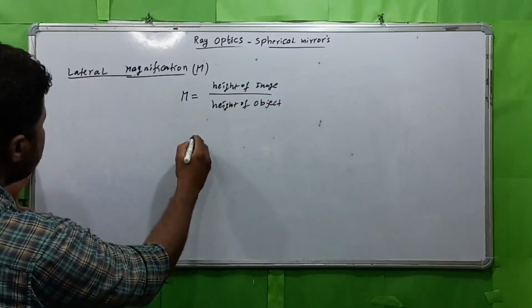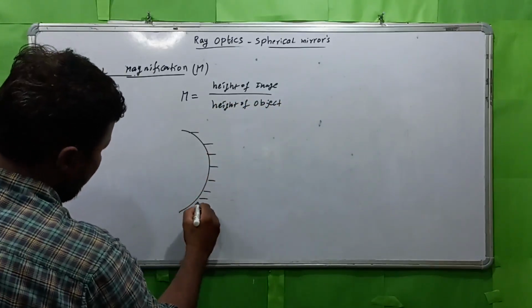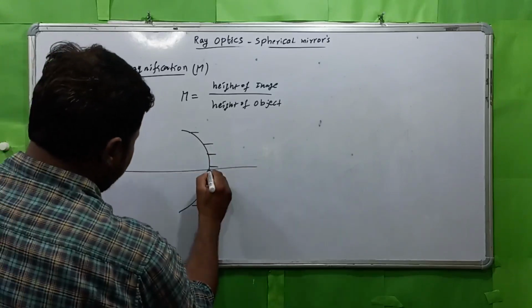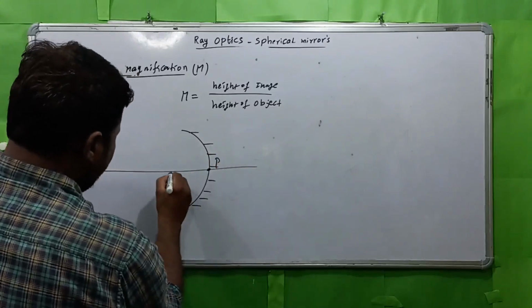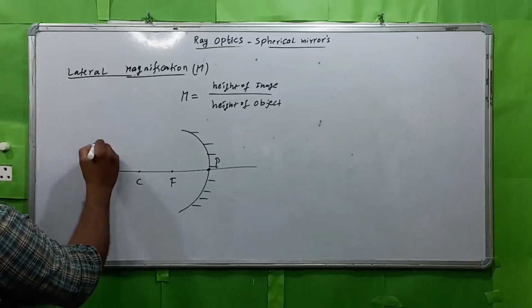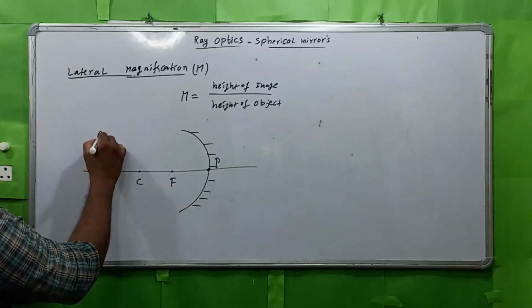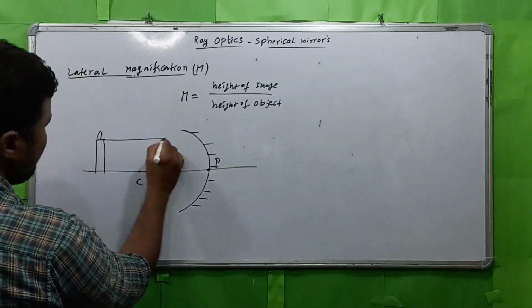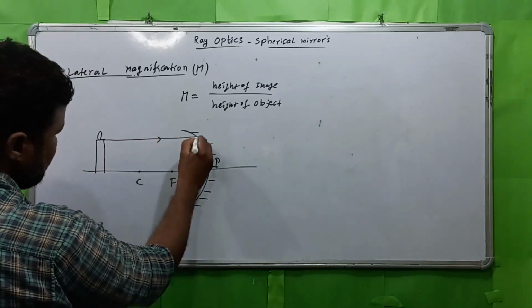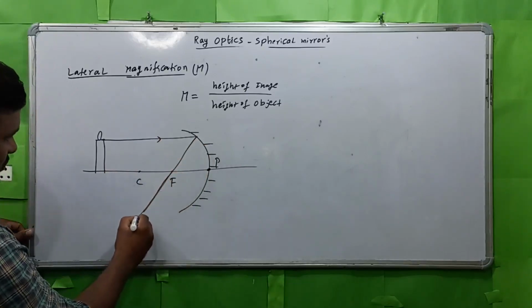To understand this lateral magnification, let us consider a concave mirror. Pole, focus, center of curvature. Any object is kept beyond the center of curvature. If I draw a ray diagram for the situation, a ray moving parallel to the principal axis, after reflection moves through focus.